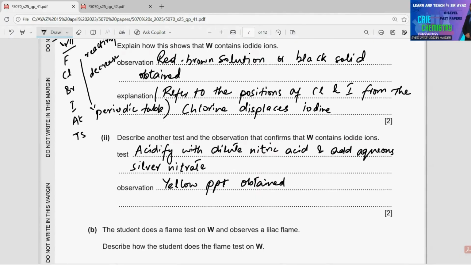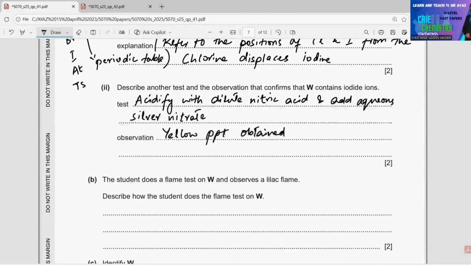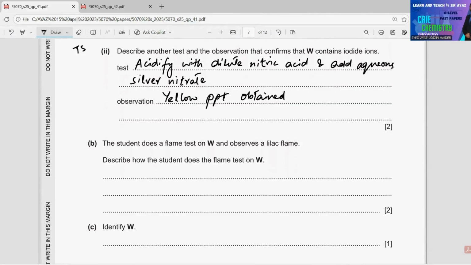Part B, the student does a flame test on W and observes a lilac flame. Describe how the student does the flame test on W. They are asking about the procedure to perform this flame test.